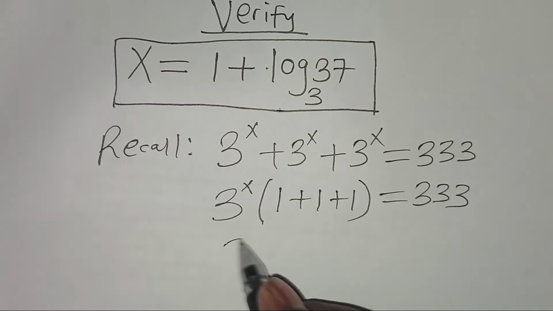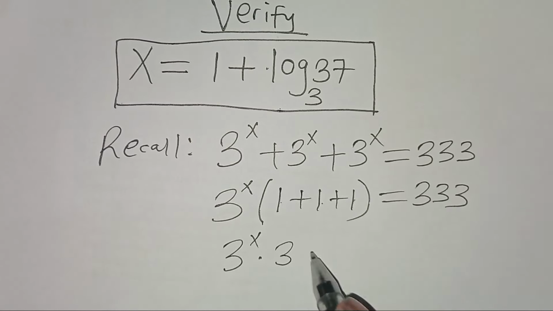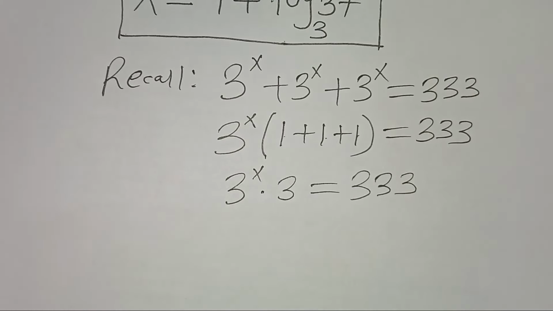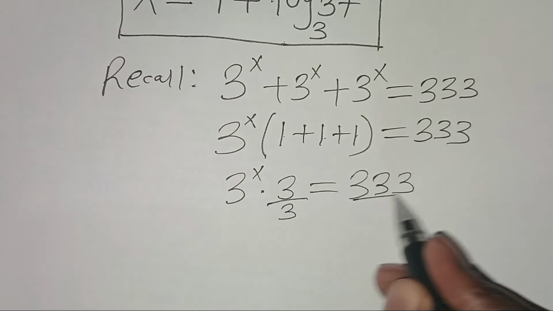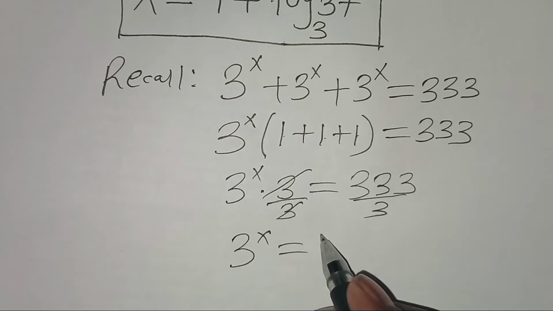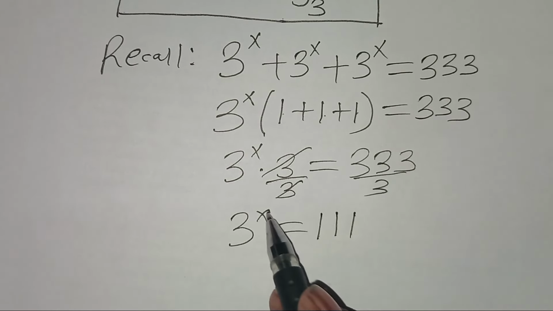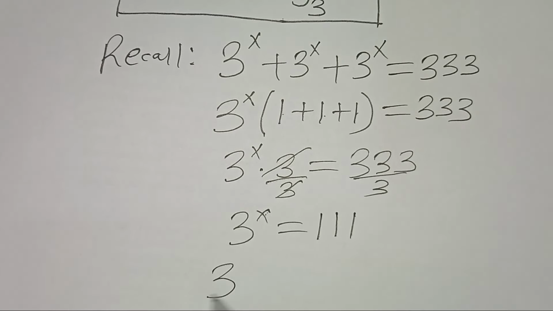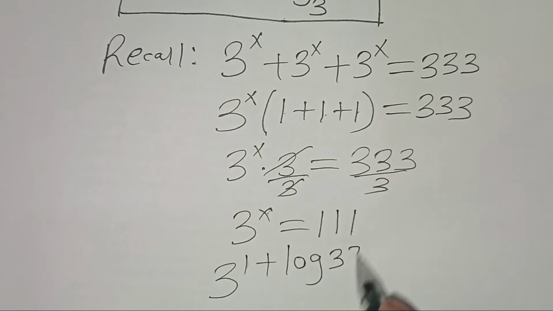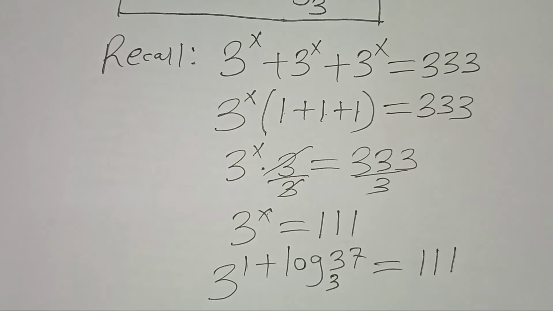So we'll have 3 to power x times 3 equal to 333. Let's divide both sides by 3, so that 3 to power x is equal to 111. So let's substitute the value of x. Here we'll have 3 to power 1 plus log 37 to base 3. This should give us a value of 111.